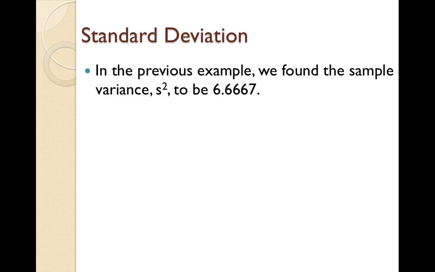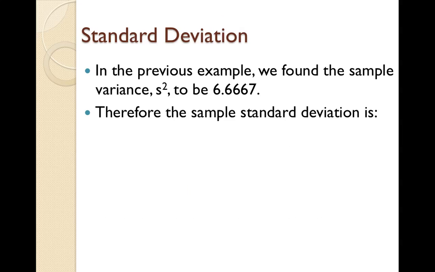In our previous example, we found the sample variance s squared to be 6.6667. So the sample standard deviation would just mean taking the square root of 6.6667, which becomes approximately 2.5820. I'll show you how to do this on the calculator in a minute.